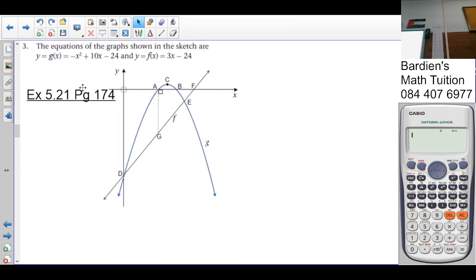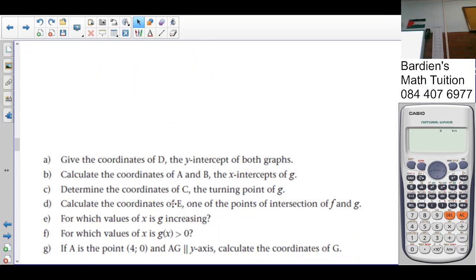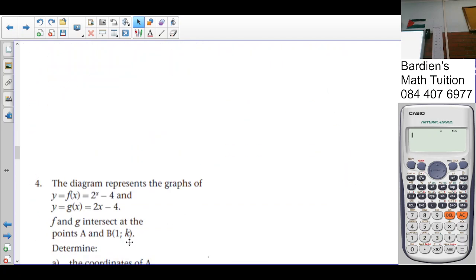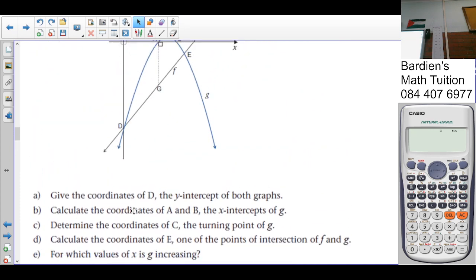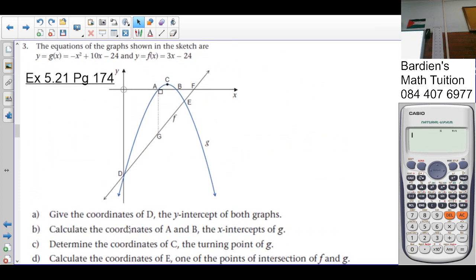We are told that the equations of the graphs shown in the sketch are g of x equals negative x squared plus 10x minus 24, this is the parabola, and f of x equal to 3x minus 24. You see here the constants on g and f are the same, hence the common y-intercept, both negative 24. You see that?